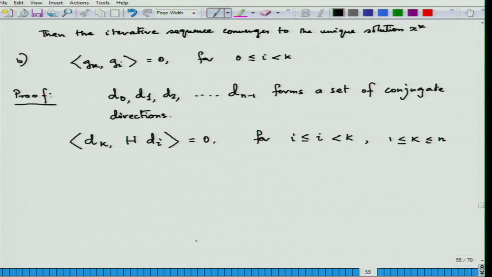So if k is 1, then you have d1 H d0. If k is 2, then i is 0 and 1, so it will be d2 H d0 is 0, d2 H d1 is 0. In this way you basically show that di H dj is equal to 0 when i is not equal to j.